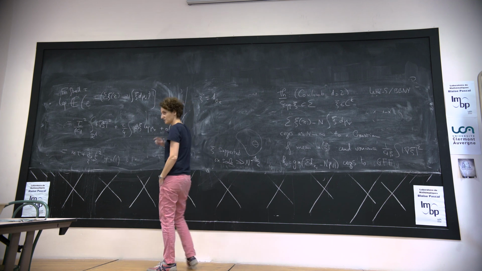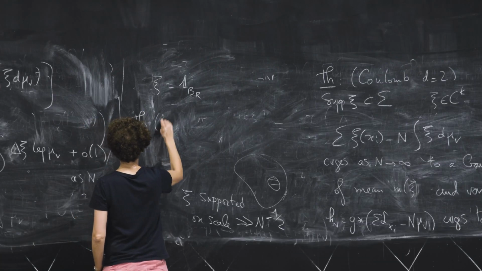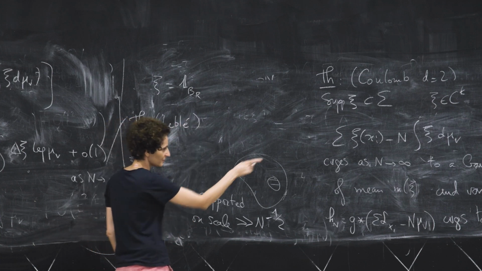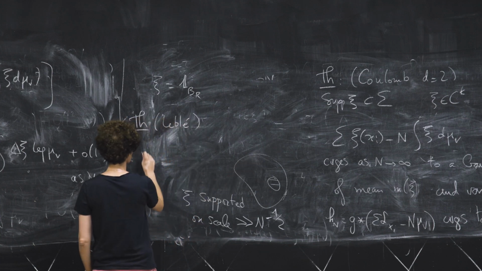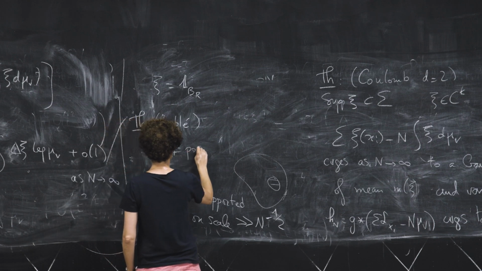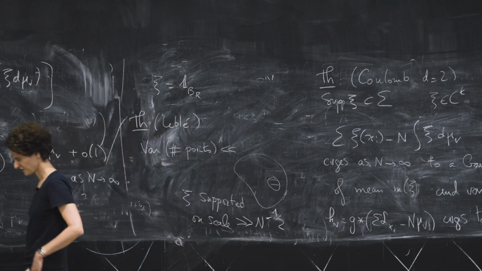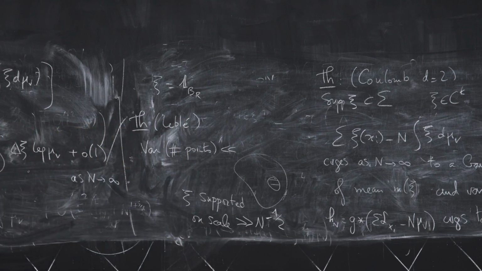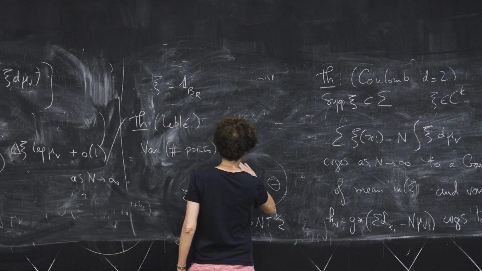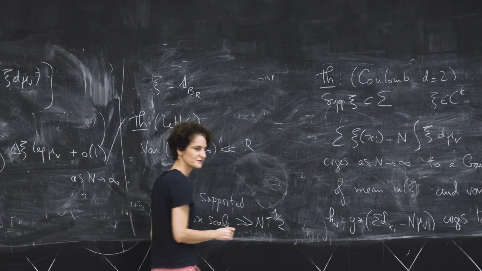So I want to mention that Thomas Leblé proved this theorem that was a sort of conjecture for a long time, which is this hyperuniformity. So the variance of the number of points is much smaller than r to the, I never know if it's r to the 2d.